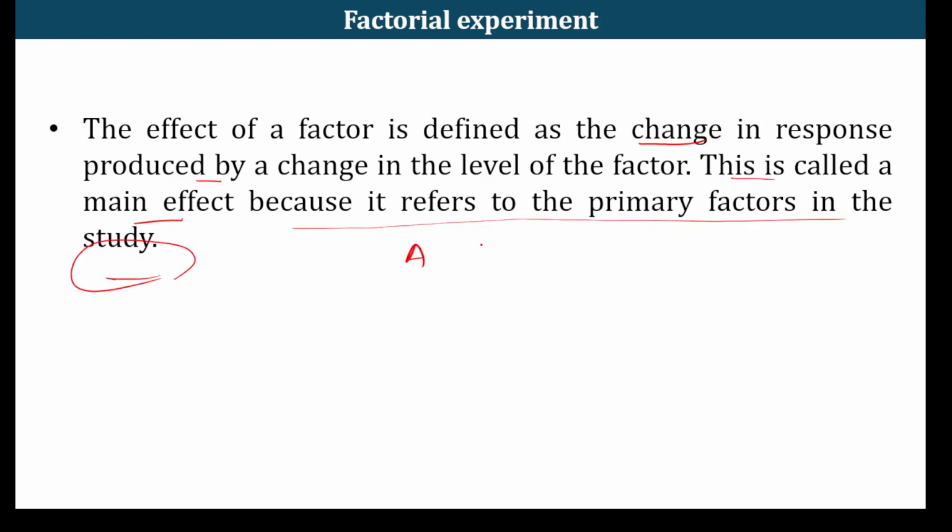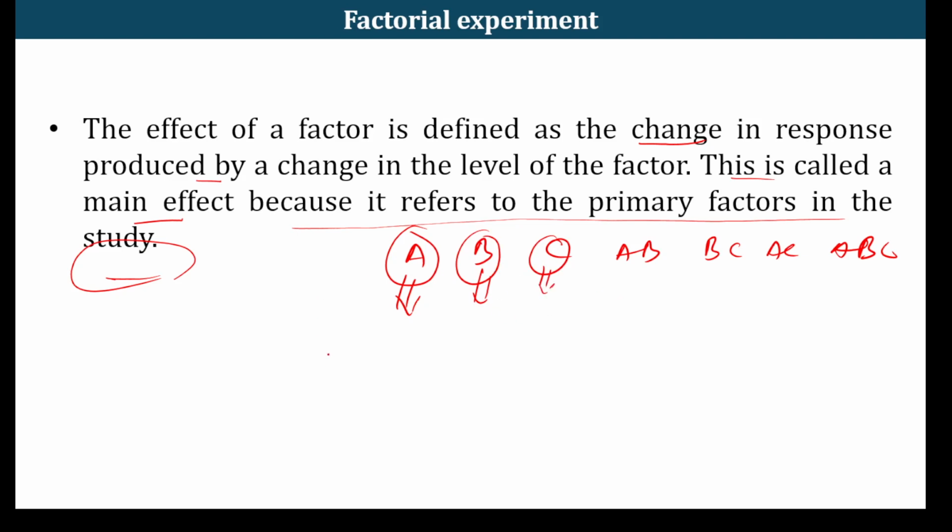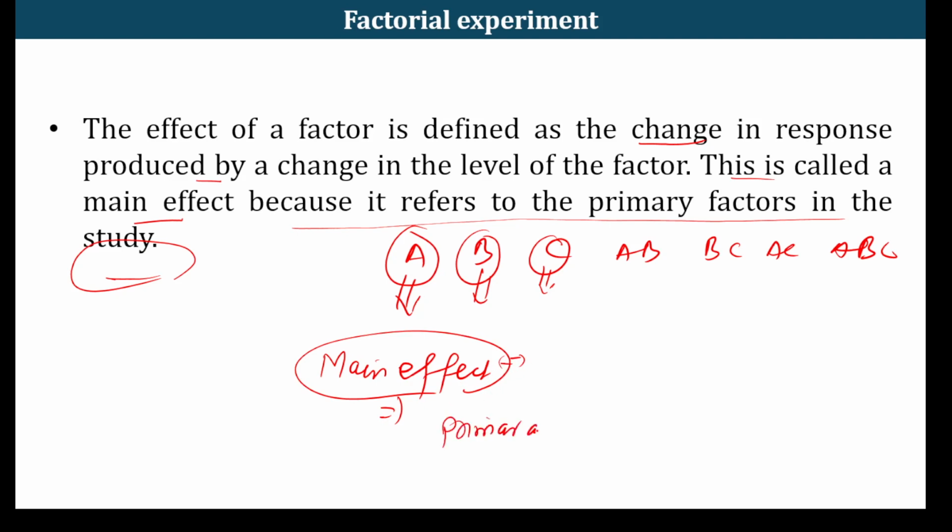Let's say we have A, B, C, and then AB, BC, AC, and ABC, which makes 7, and one more becomes 8. If we take A alone, the influence of A or of B or of C, we say it is a main effect, the primary factor.